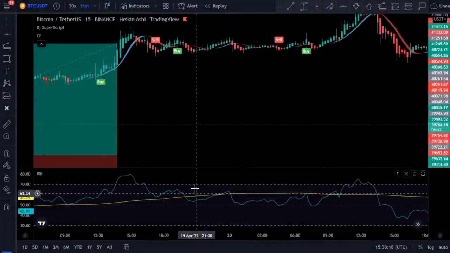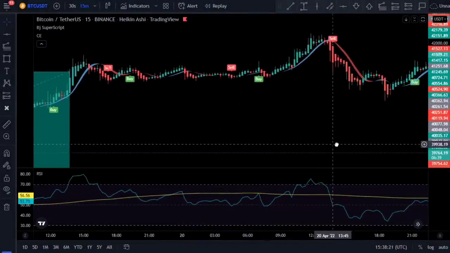See some examples of false signal inhibition from the new RSI indicator.